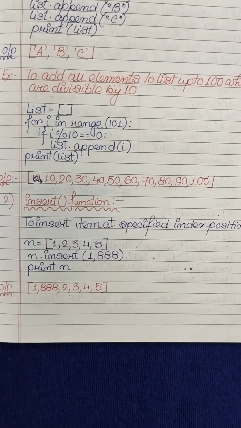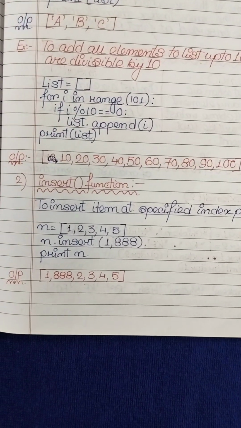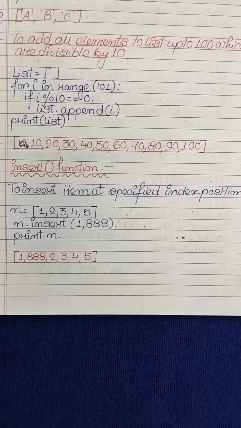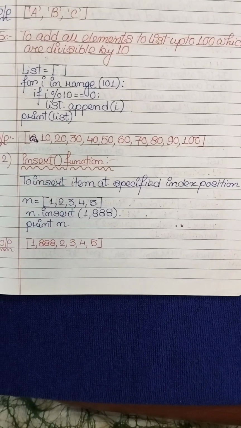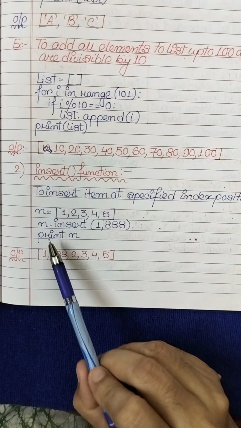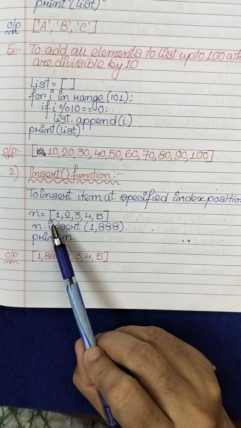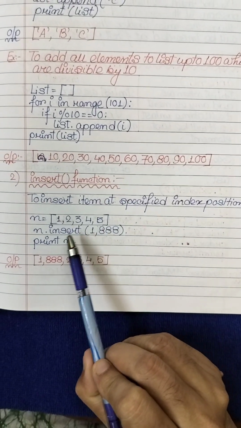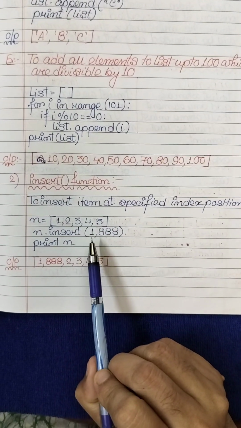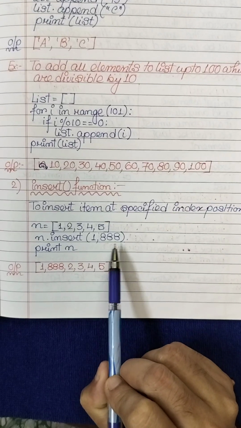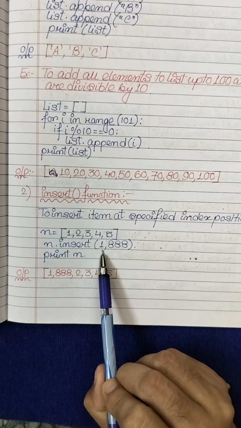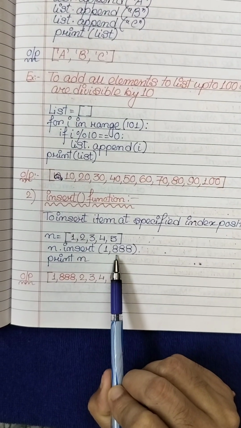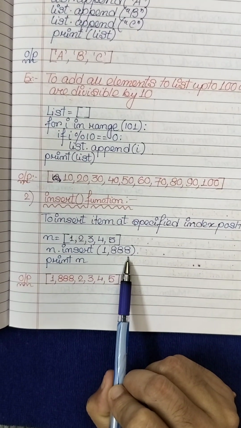Okay friends, now there is another function, the insert function, to insert an item at a specified position. Suppose here is a list, n is equal to [1, 2, 3, 4, 5], n.insert(1, 888), that means we are going to insert at position one the element 888.